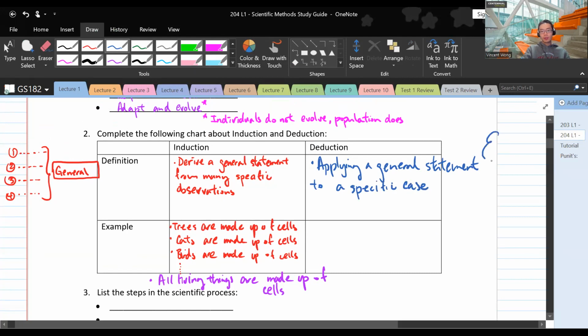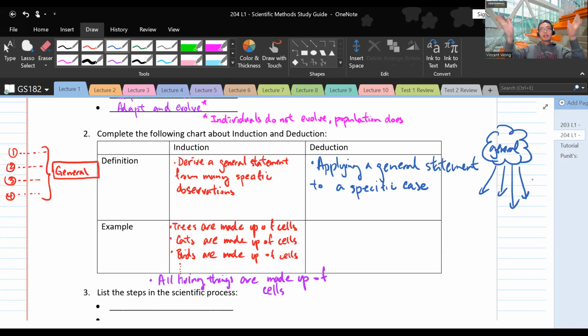So you have a general statement, and then you're applying it to different situations. Back to my example of the Dollarama, after she figured out everything in this section is $3, that's the induction. Then the deductive reasoning would be, well, since I took the eraser from this section, it must also be $3.